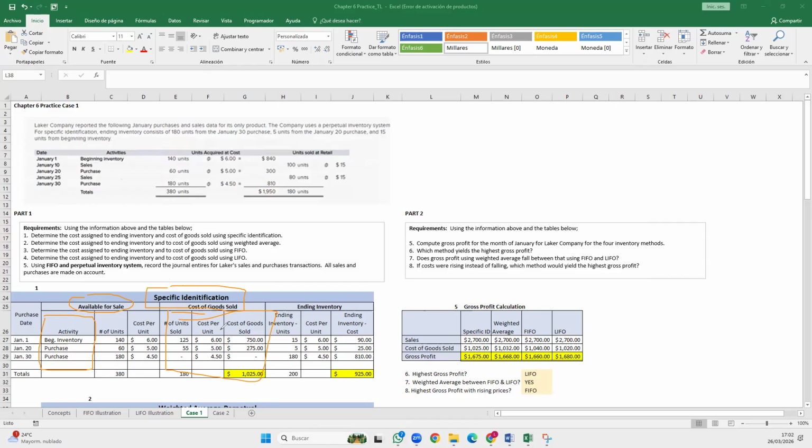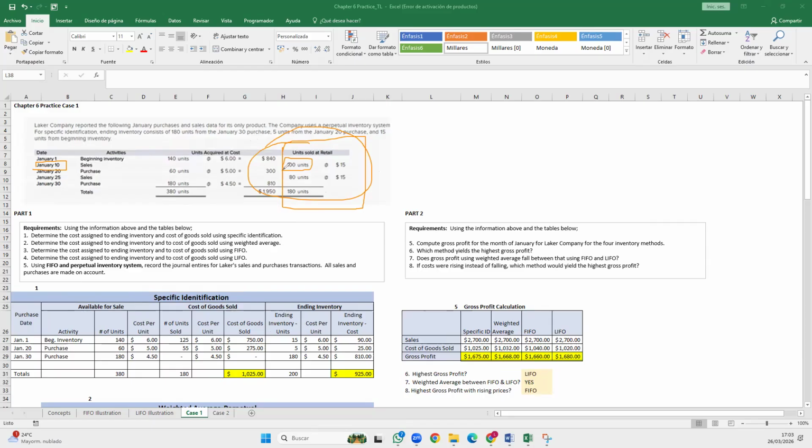And something else here. The quantity for the specific identifications, the problem needs to give us the details on the quantity of inventory being sold. So for the general problem, on January 10th, we have 100 units being sold.